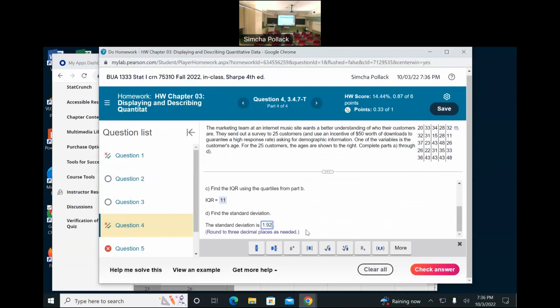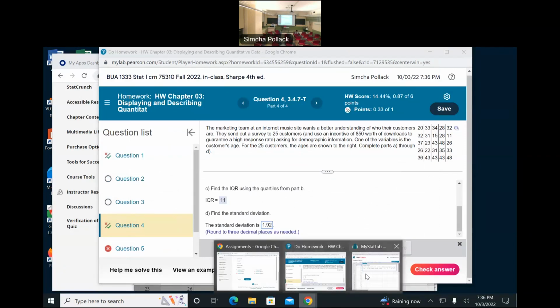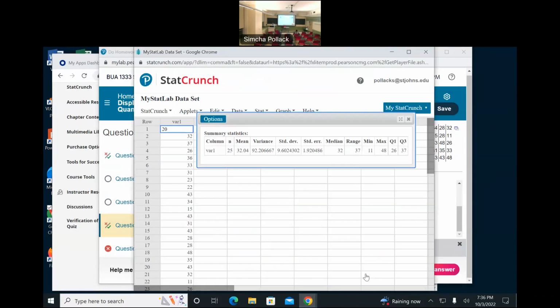I think you looked at the wrong one. I read it wrong? Oh yeah, it should be bigger than that. Let's try it again. I think it was 9 point something. There it is. Sorry. There's something called a standard error, which you learn about later; this is Stat 1, I keep forgetting. It's this number divided by the square root of the sample size, which is this number divided by 5.